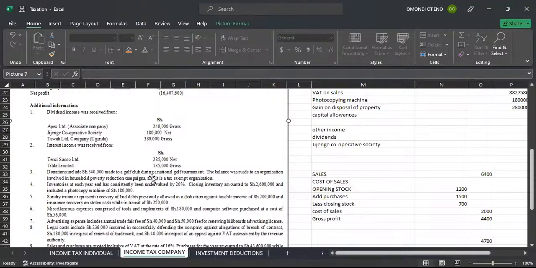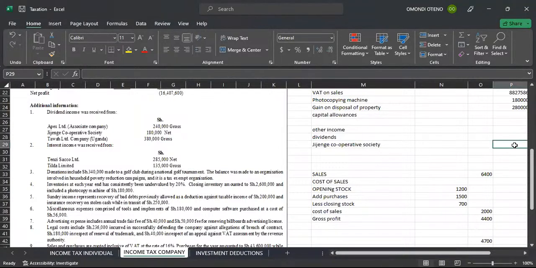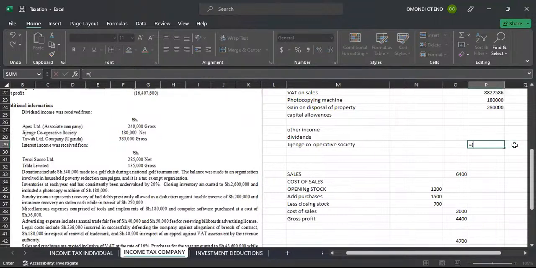Is it clear now, Molly? Okay, so that's where we got that value from. So the income from Jijenge Cooperative Society, we are going to have 100 over 85, we multiply by 180,000.